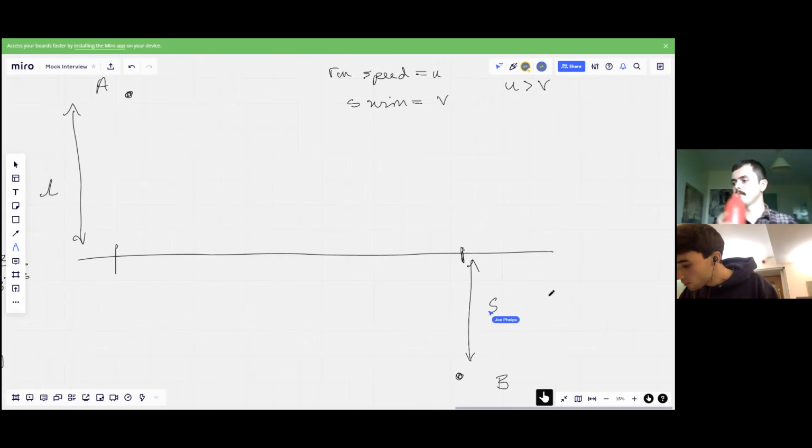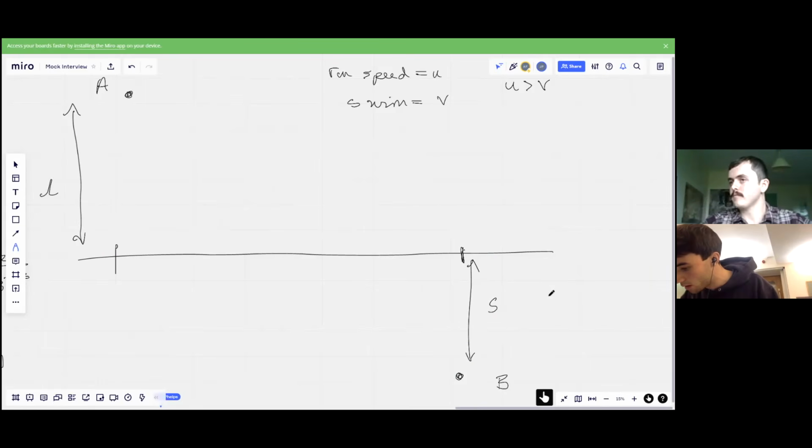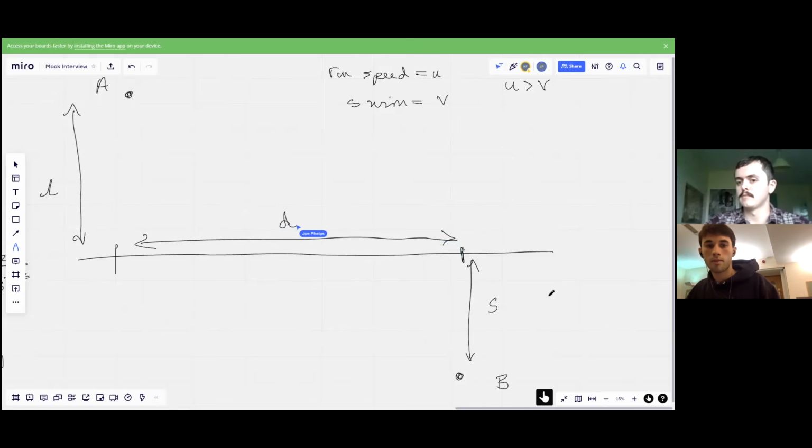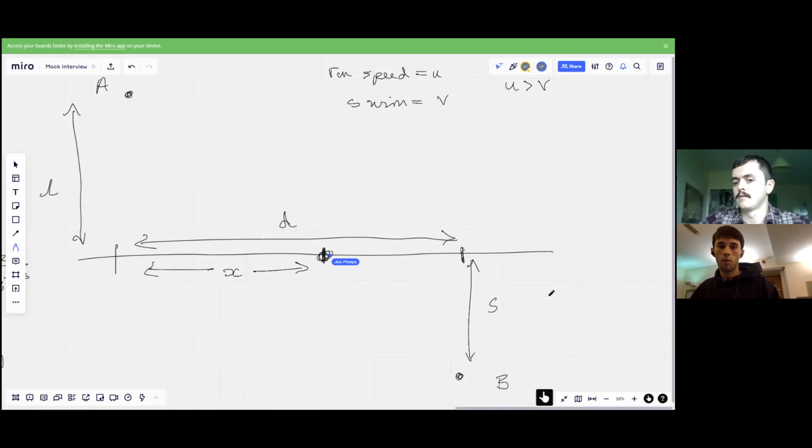I'll then call the horizontal distance between the two of these, ooh, I don't think that line is on the screen, but I'll do it here, I'll call that a distance D. And so these are my sort of fixed distances, and I'll create now a variable x. And I'll call that the position where I enter the water.